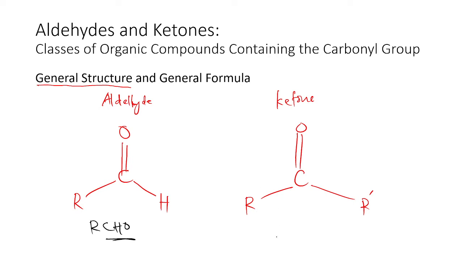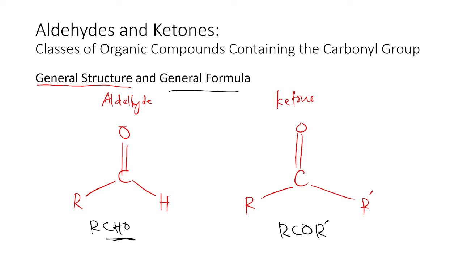And for the ketones, our general formula will be RCO, and we have here another R group, wherein those R groups can be an alkyl or an aryl group. So those are our aldehydes and ketones bearing their general structure and general formula. Right?